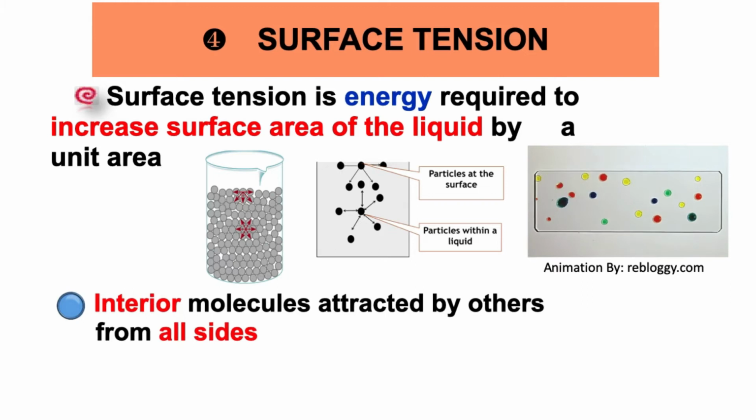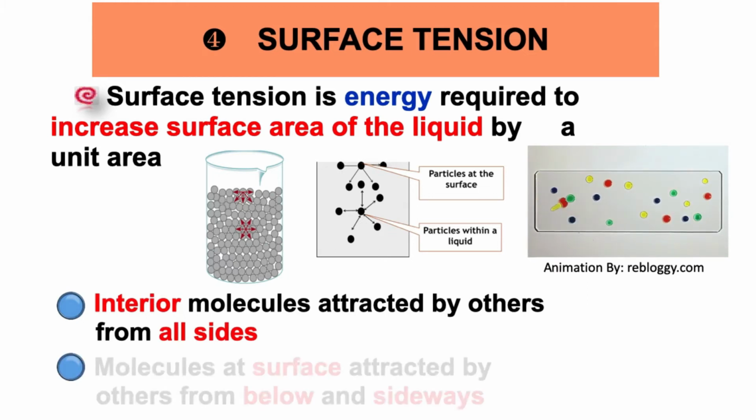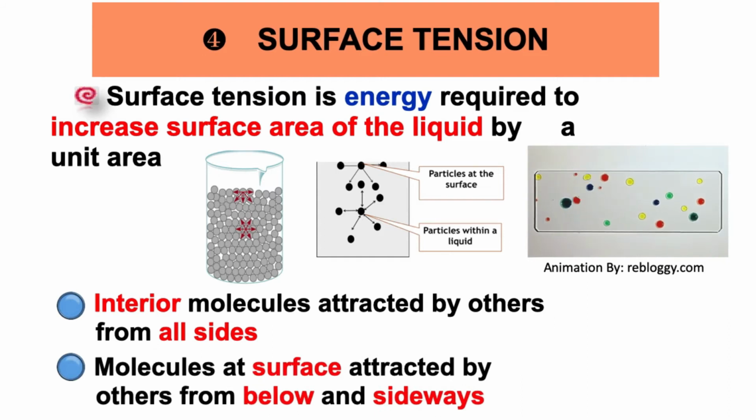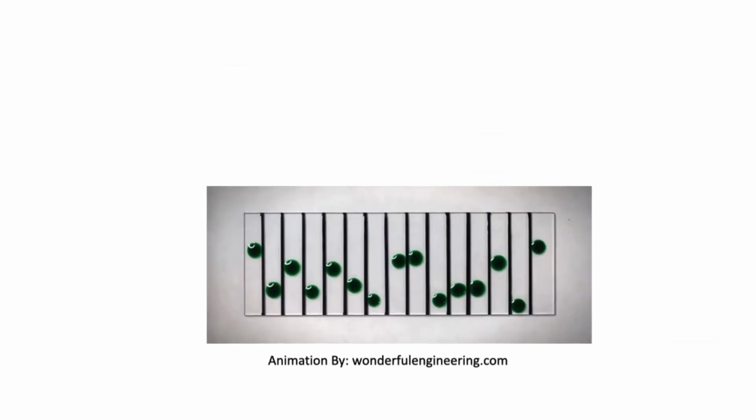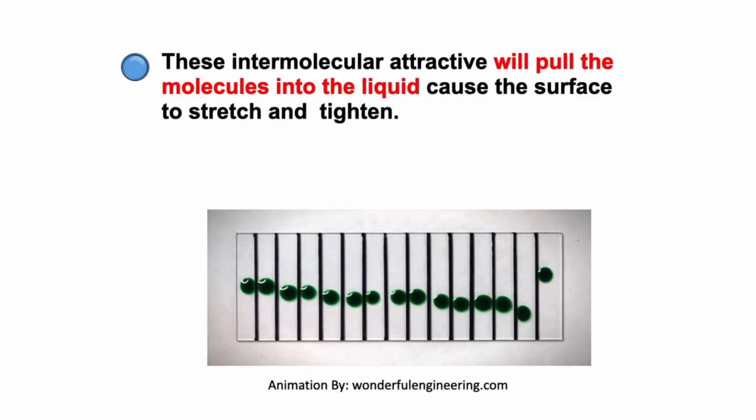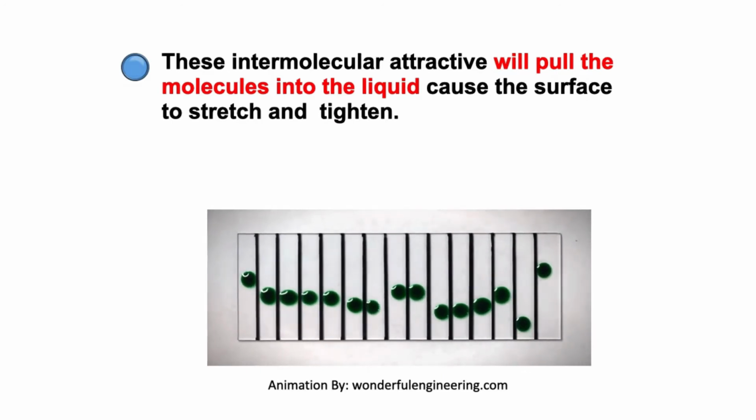Interior molecules are attracted by others from all sides, but molecules at the surface are only attracted from below and sideways. So, this intermolecular attraction will pull the molecules into the liquid, causing the surface to stretch and tighten.